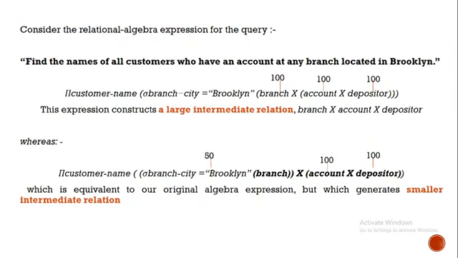So it will take more time, whereas in the second query 100 rows of depositor are joined with 100 rows of account, but the result of this join will be processed with only the 50 rows of branch table. So this will execute faster as compared to the first query.